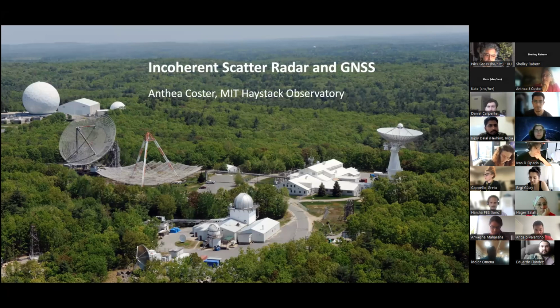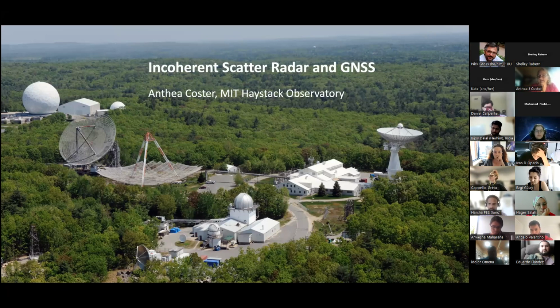And again, this is where I work, and I have this one because these two large antennas that you're seeing right in the foreground are the Millstone Hill Incoherent Scatter Radar. Right now I'm here in Alaska teaching at the Incoherent Scatter Radar School, which any of you can apply to next year.